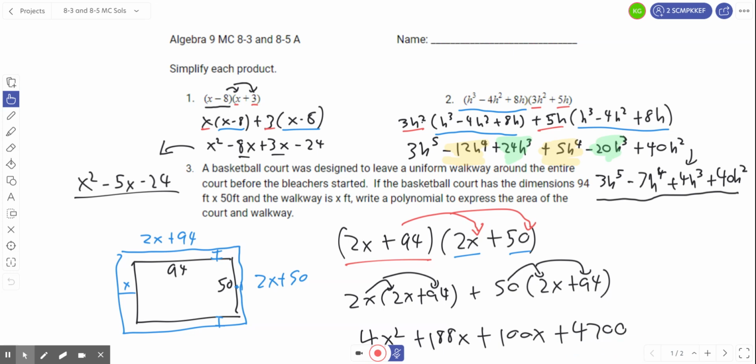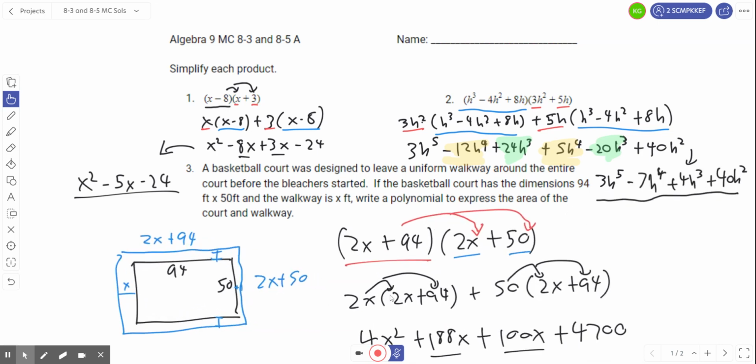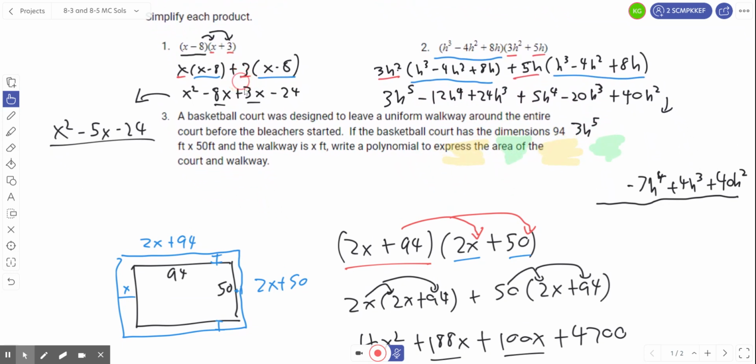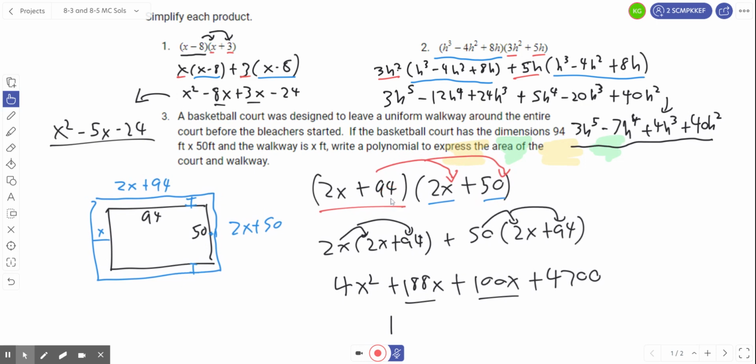So this is almost done, but I need to combine like terms. So when I do that, the highlighting went weird. Running out of space. There we go. Oh well.